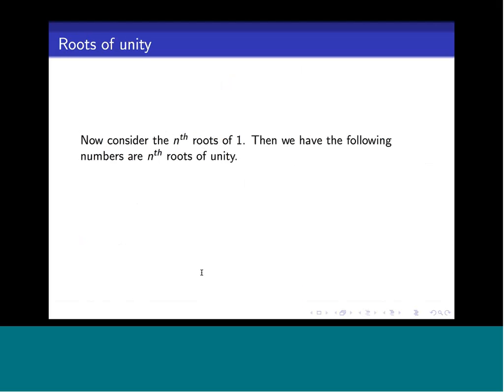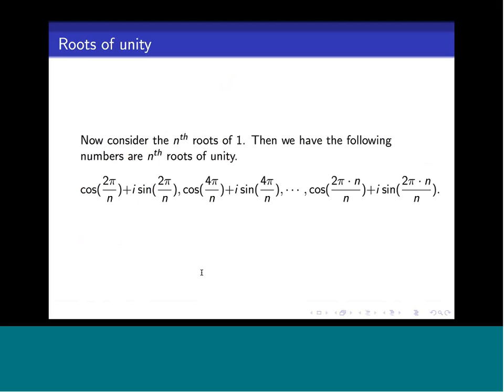So now we're talking about the nth root of unity. The following numbers are nth roots of unity: cosine 2pi over n plus i sine 2pi over n, then the next one, and the next one.